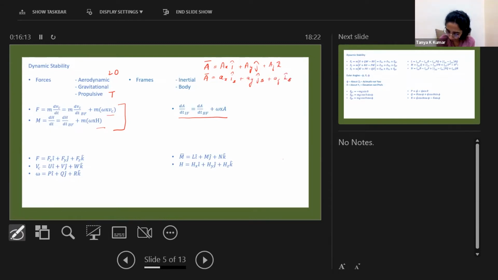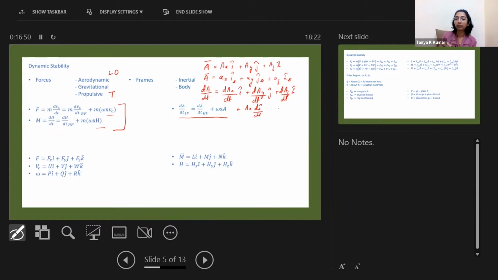How do you differentiate dA by dt? Let's differentiate the first equation. So you differentiate Ax, and it becomes dAx by dt i cap plus dAy by dt j cap plus dAz by dt k cap. Now we are also supposed to do, so it is u dv plus v du. That's the product rule, the chain rule for differentiation, right? So we also have to do Ax di cap by dt and so on.